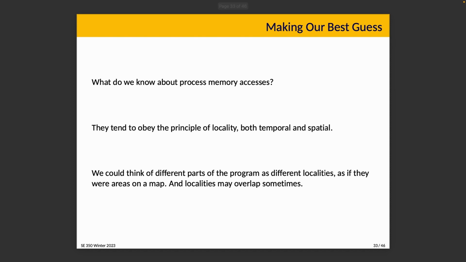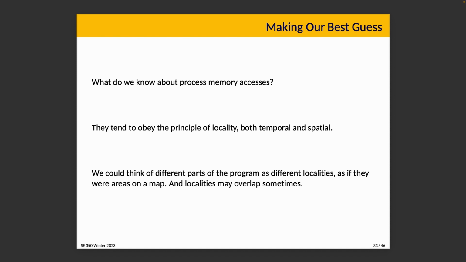So what do we know about process memory accesses? We've said that they tend to obey the principle of locality, both temporal and spatial, and I presented an argument that said, imagine you're iterating over an array. We have a summation, so we have a sum variable, and we have an array that contains some number of elements, and I said this hopefully gives you a good understanding of the idea of both temporal and spatial locality.